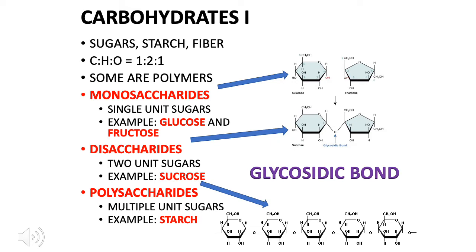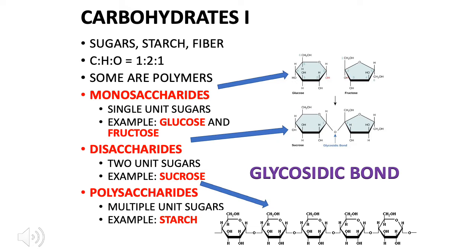Glucose and fructose are both C6H12O6. And once again, that fits the bill. C6, 6 carbons, H12, 12 hydrogens, O6, 6 oxygens. It's a ratio of 1 to 2 to 1.